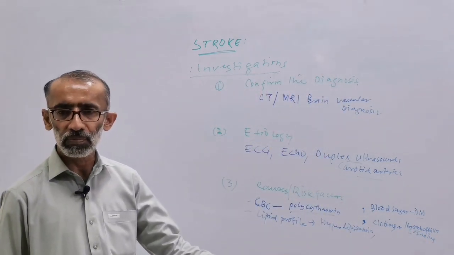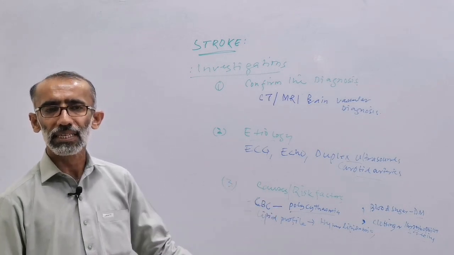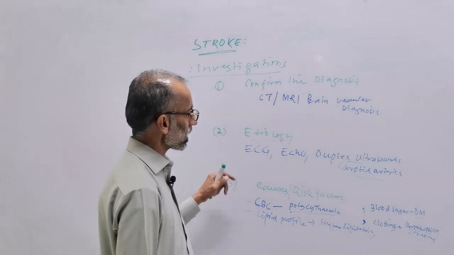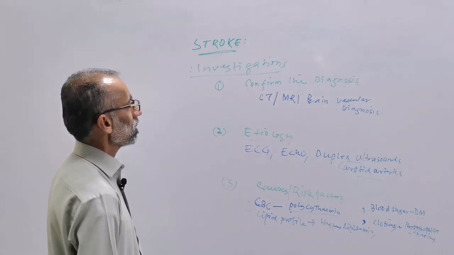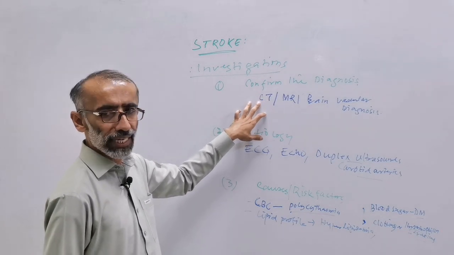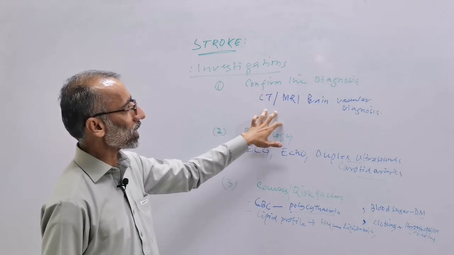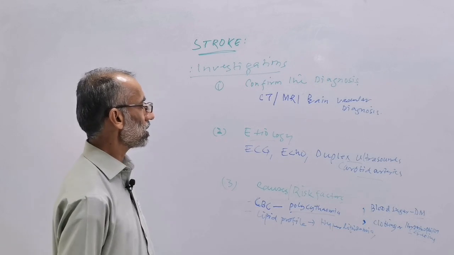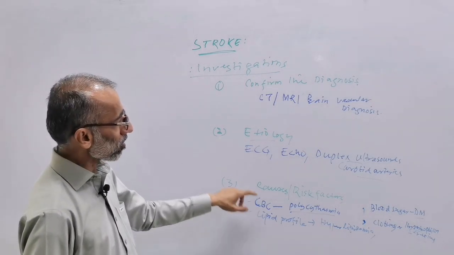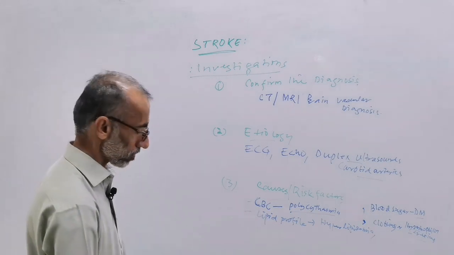As we know, hemophilia is a risk factor for hemorrhagic stroke. First, we have to confirm the diagnosis by doing CT or MRI brain, then find out etiology and risk factor.